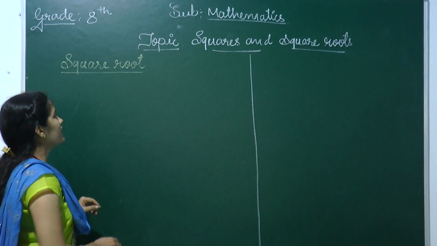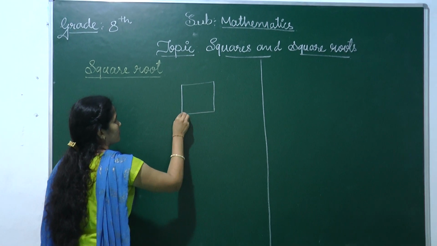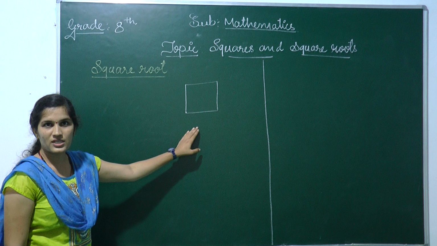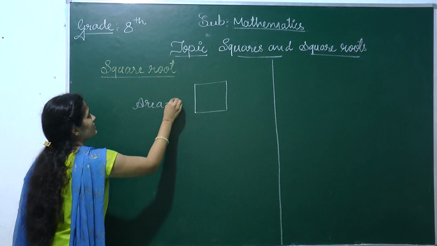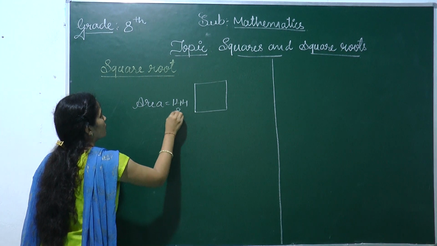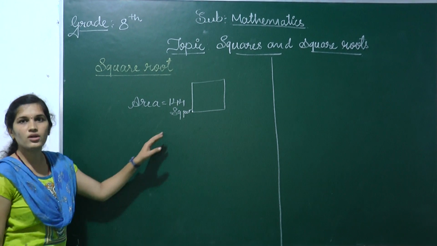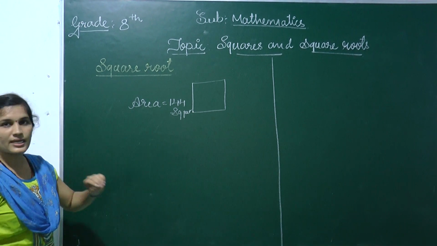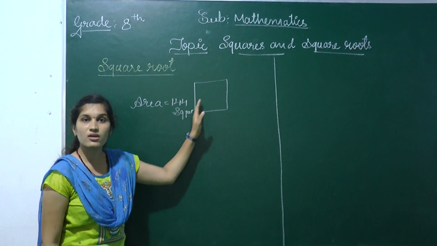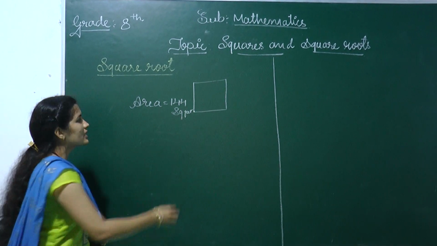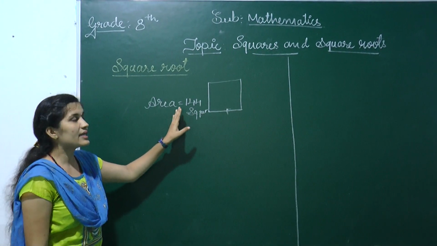Just see. If there is one square land, the area of that land is 144 square feet. We need only one side of this land, not the whole area, but they have given the area.